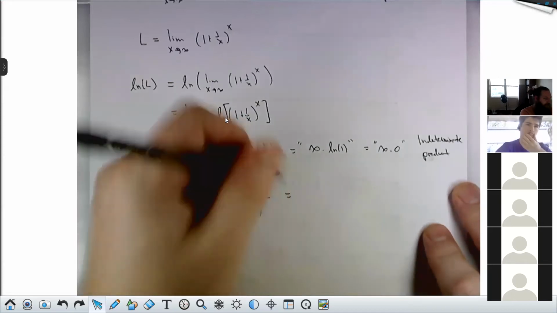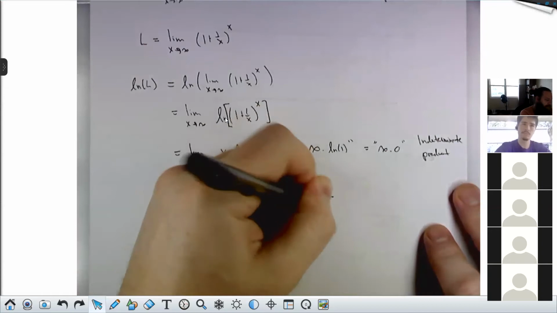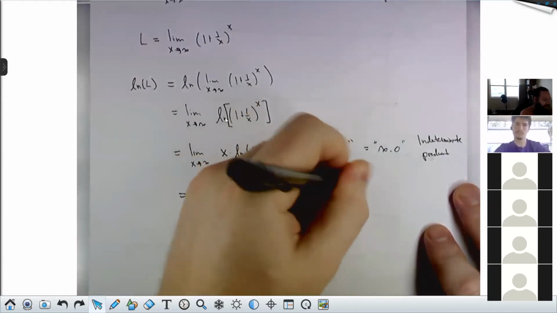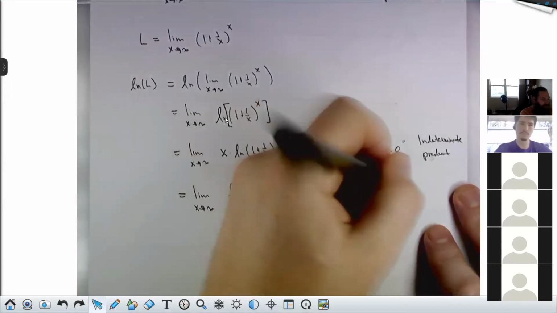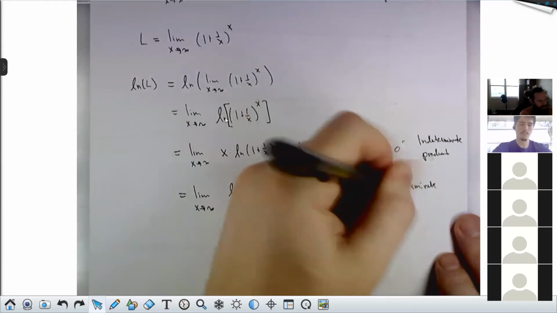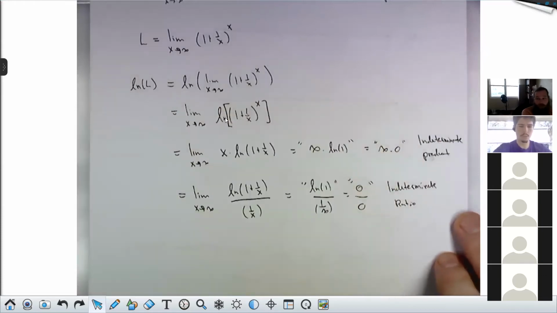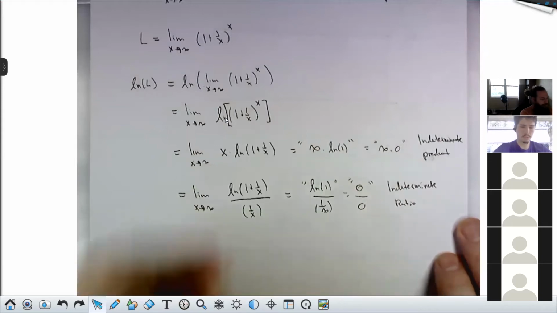If you look at this now, it looks like ln of 1 divided by 1 over infinity, which is 0 over 0. This is now an indeterminate ratio, which means from here I can apply L'Hopital's rule.